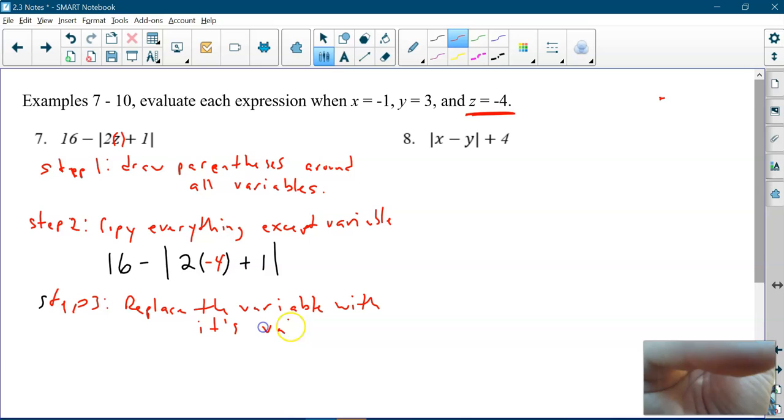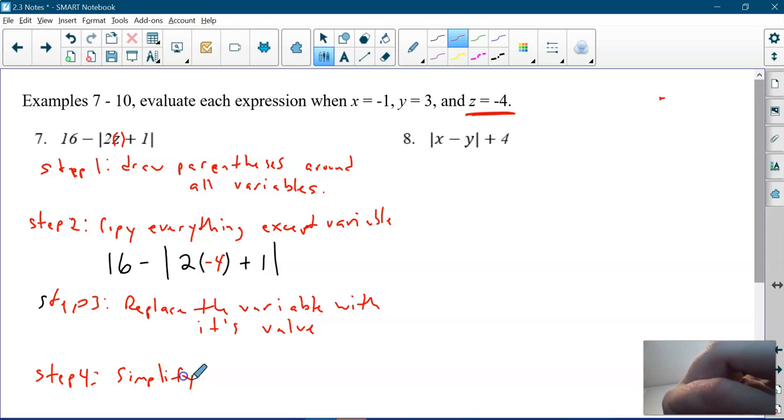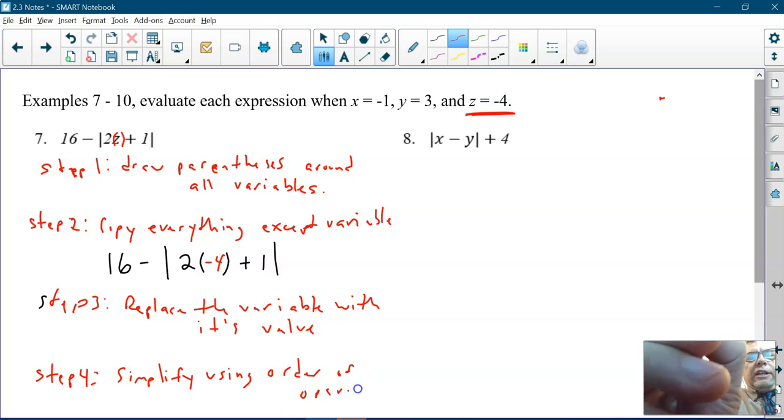And then step 4 is our last step. It doesn't mean that we're necessarily done, because our last step is to simplify using order of operations. Order of operations, we know, tells us to do inside first.